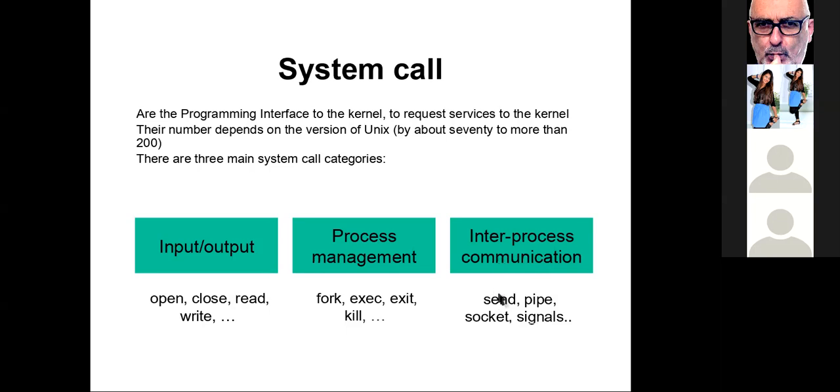So when you communicate with another process, you can use several kinds of communication, and socket in general is used for outside processes in the network, but can be used also for processes inside the same machine.